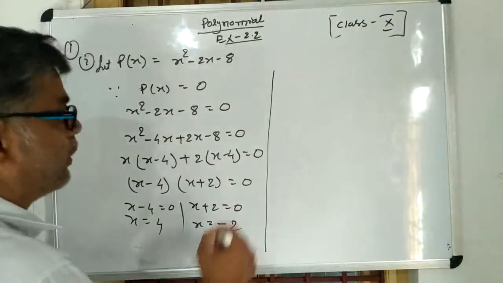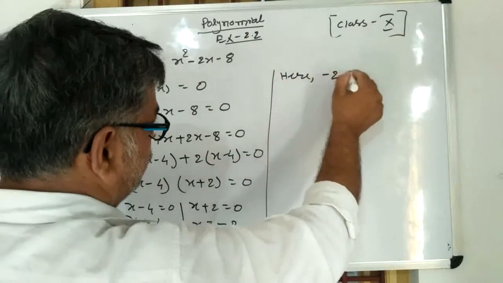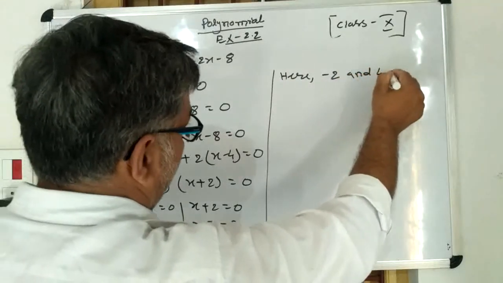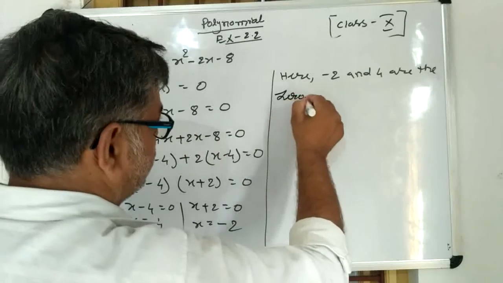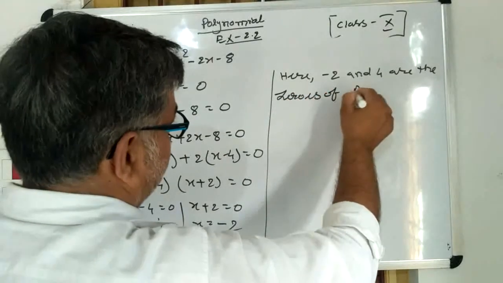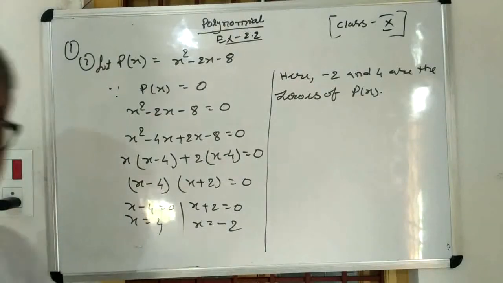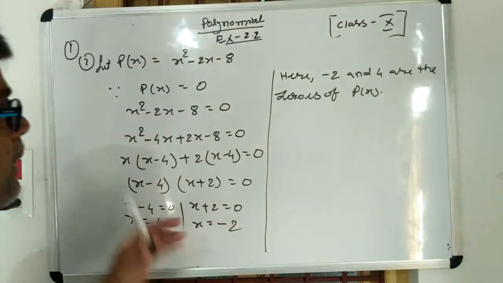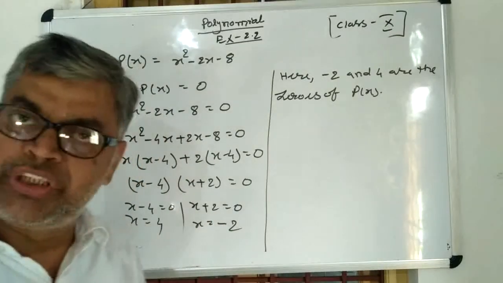So here you got minus 2 and 4 as the zeros of p(x), polynomial of x. Here we got two numbers such that after putting that number in this expression, you will get 0 value.